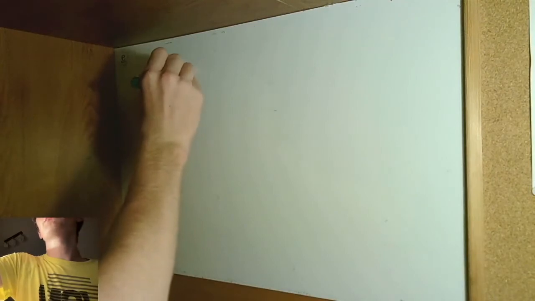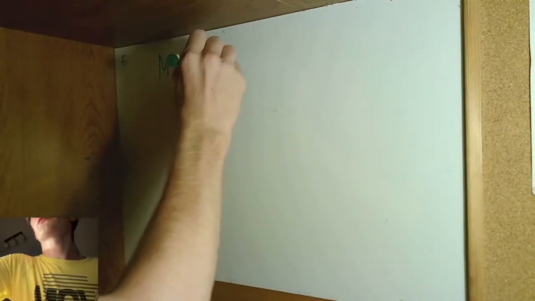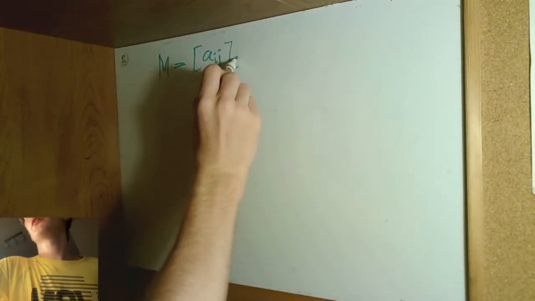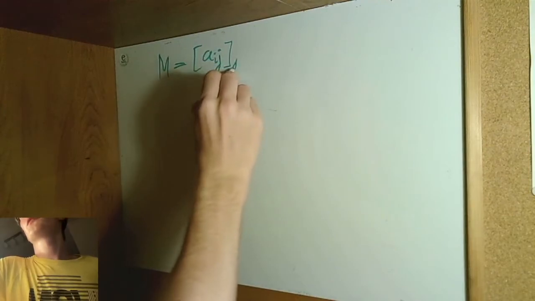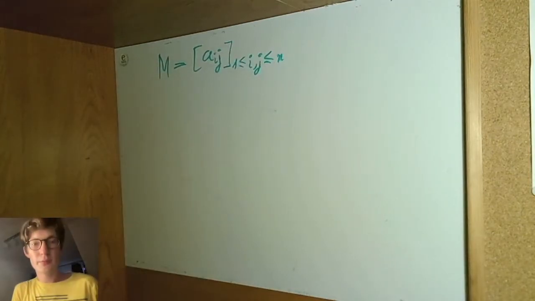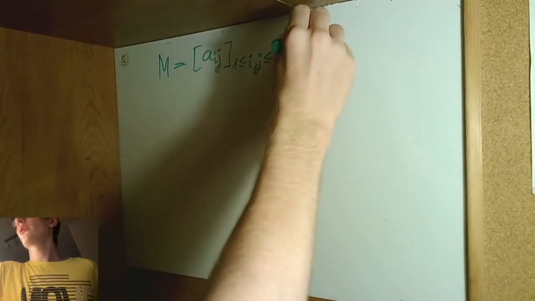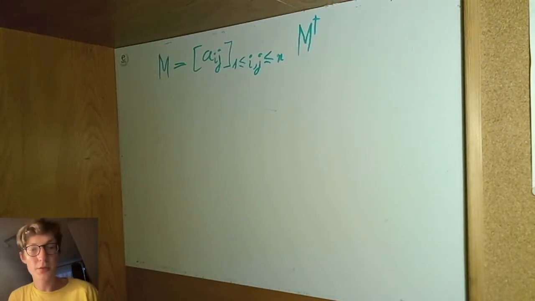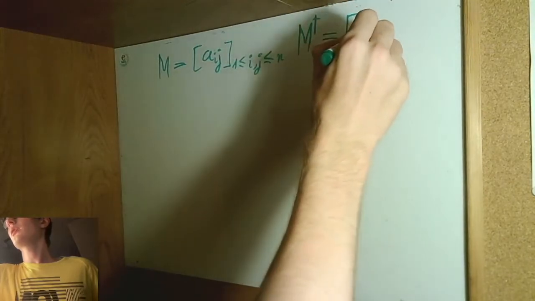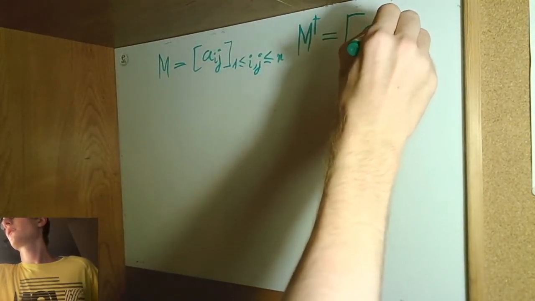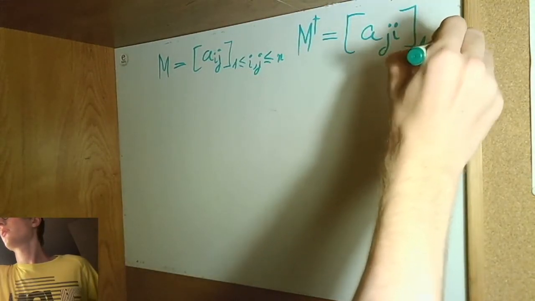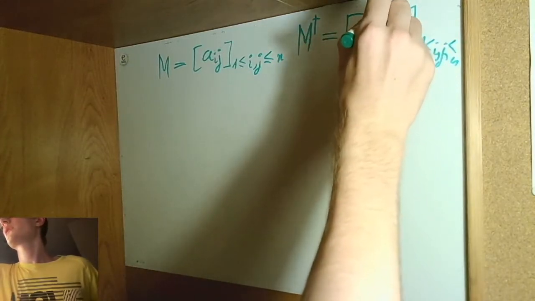If we have a matrix M with entries a_ij, where i and j are some indices from 1 to some natural number n, then a Hermitian conjugate of such a matrix, which is denoted with this little dagger here, is a matrix with coefficients a_ji, okay, so with these coefficients conjugated.